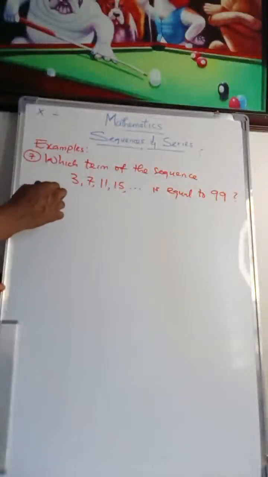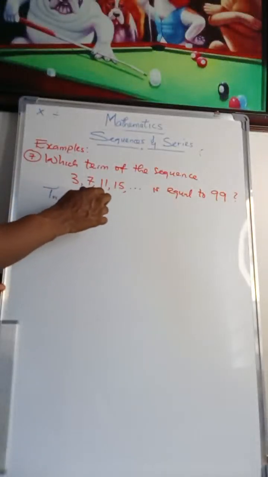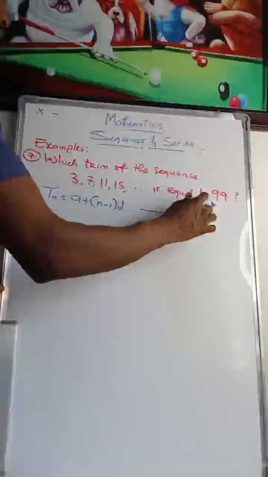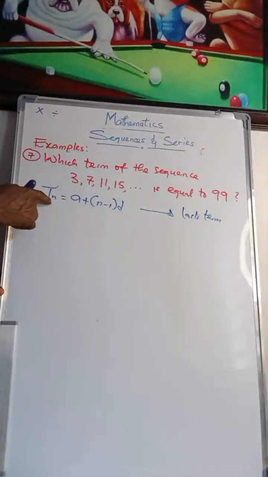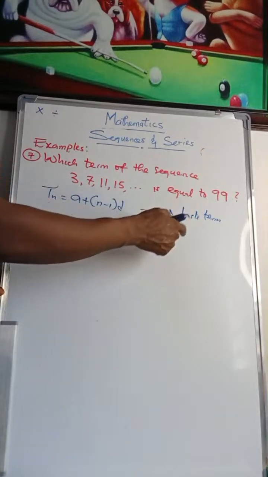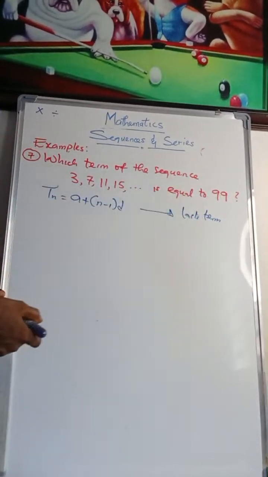And then, I said that Tn equals a plus n minus 1 d. So the Tn here is also the last term, and it's already been given to be 99.